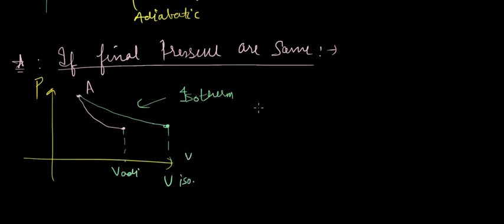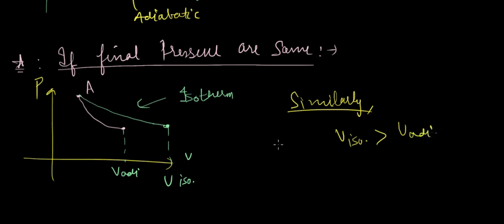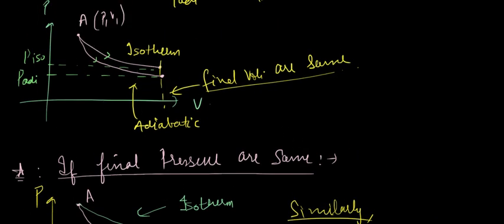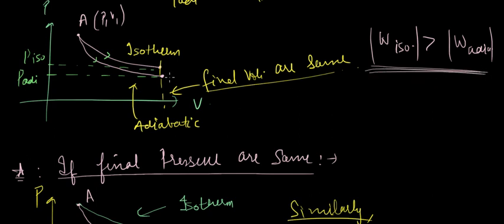Okay, so we can write that V isotherm would be greater than V adiabatic. Herein we can write from this graph that obviously the work done in isothermal process would be greater than work done in adiabatic process, as the area under the curve is greater for isotherm.